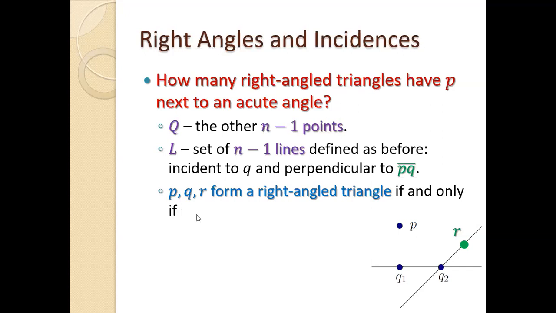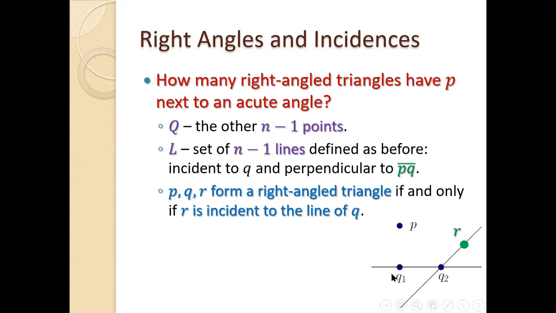R is incident to the line of Q. Very good. Thank you. If and only if R is incident to the line of Q. So for example, here, PQ2R works because R is on the line. PQ1R doesn't work because R is not on the line.